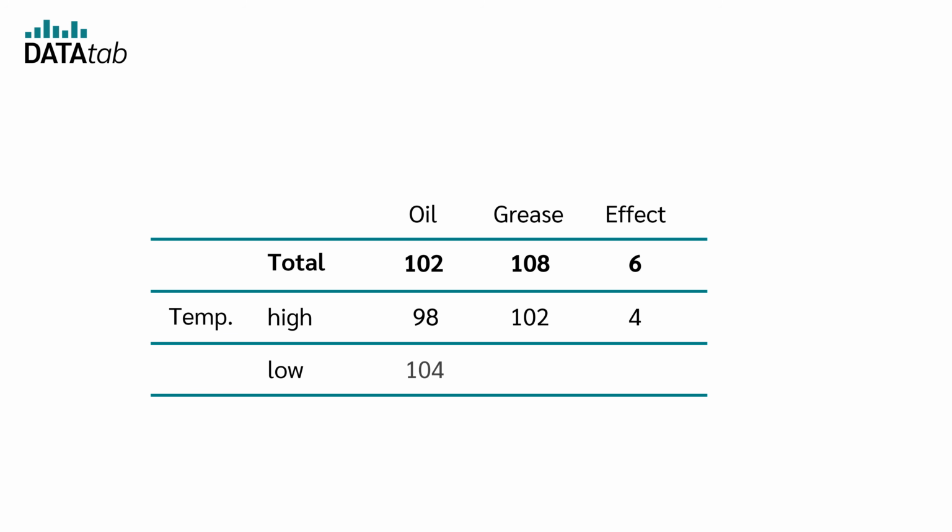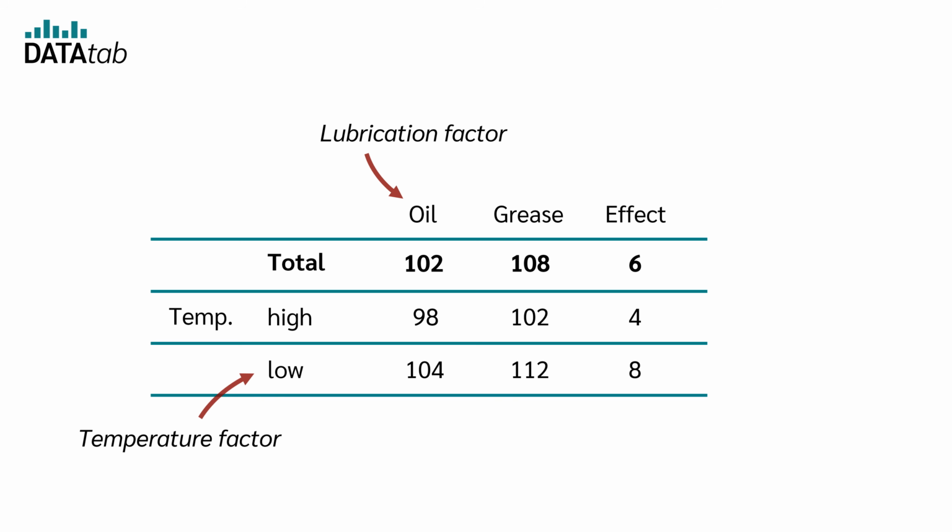At low temperature, we could get 104 and 112, so a difference of 8. So the lubrication factor is influenced by the temperature, and we have an interaction between lubrication and temperature. The interaction leads to a difference of 2 Nm to the original result. We therefore have an interaction effect of 2 Nm.